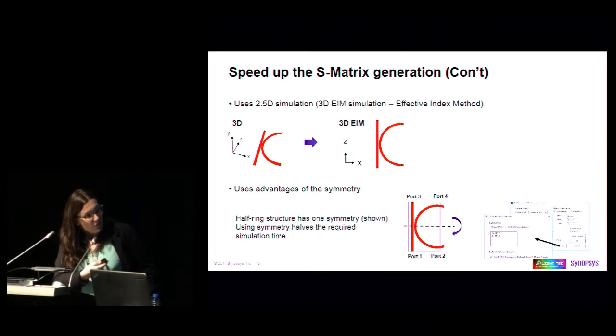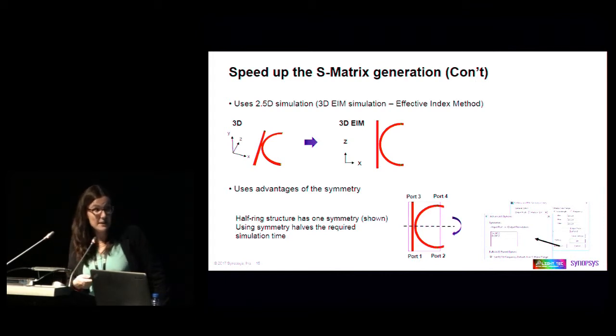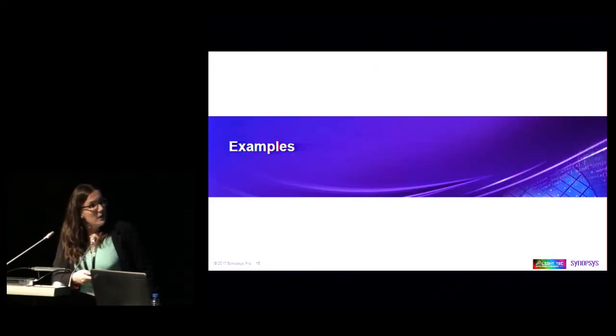So that's the type of approach that we developed at the component level to generate this S matrix and the PDK as fast as we can for any type of component. Let's go through some examples.